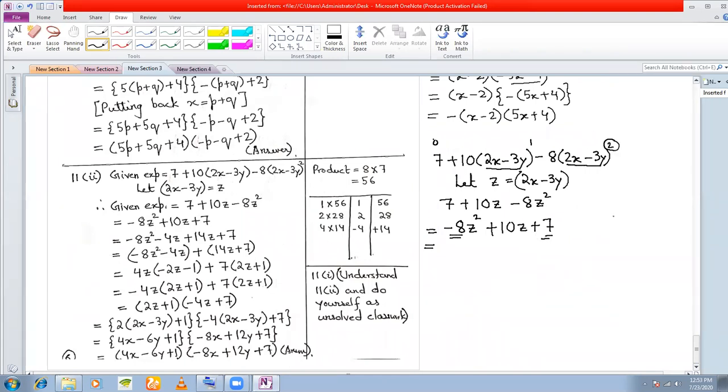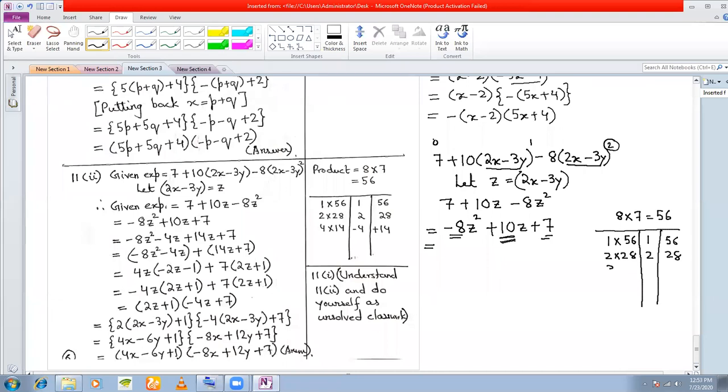Okay. So I'll multiply 8 into 7, ignoring the sign, 56. So 1 into 56. 1 and 56 will not give you plus 10. 2 into 28. 2 and 28 again will not give you plus 10.